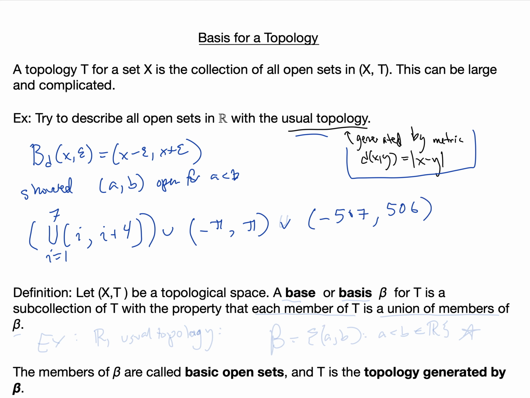So we could just union arbitrary open intervals together and that will also be an open set. But we're just describing some open sets. We're sort of saying what they look like in general. We're saying they're arbitrary unions of open intervals.